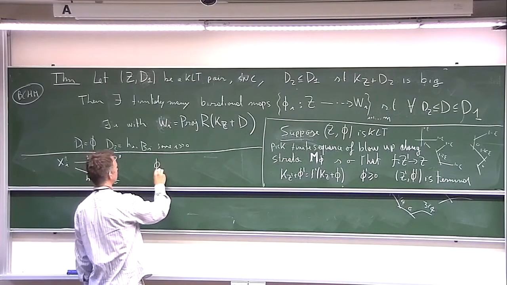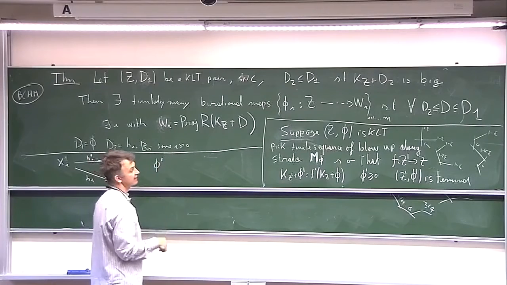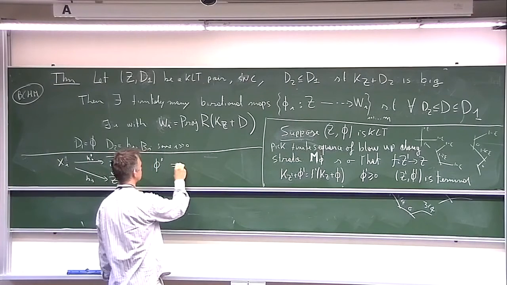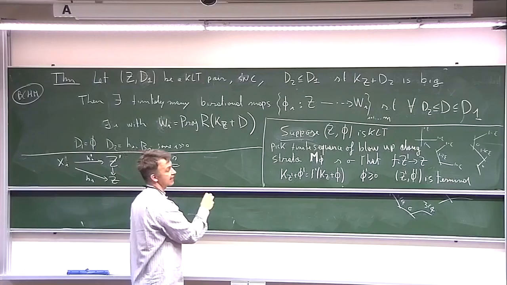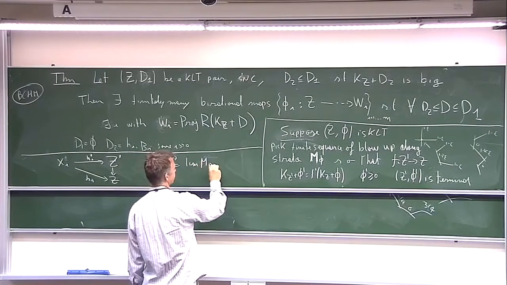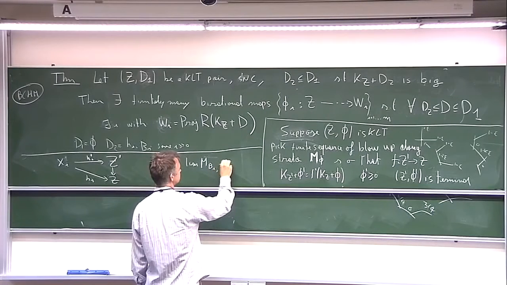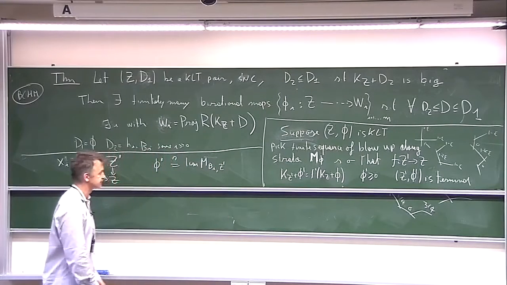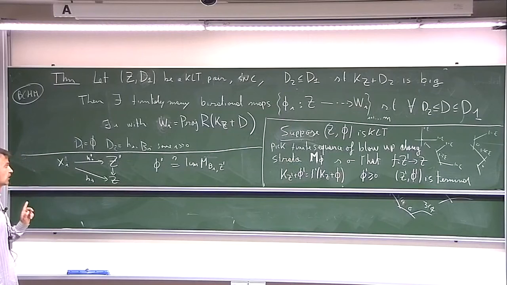And what you're saying is that possibly phi prime, the way I've defined it, it's not clear. It may actually not be the same as the limit of the m b_i pushed forward to Z prime. So what I need to do now is change the b_i's so that this happens.